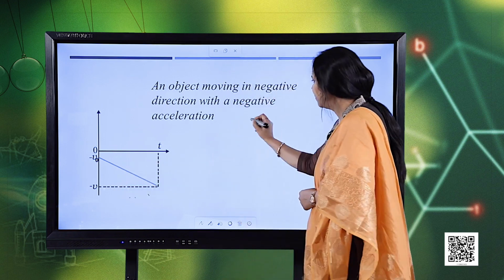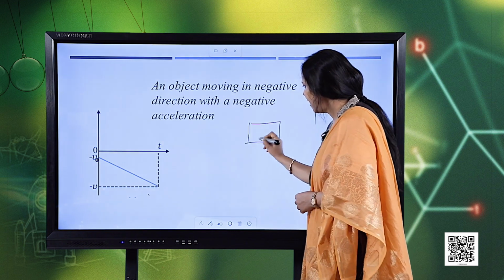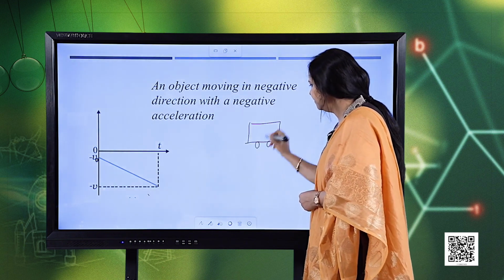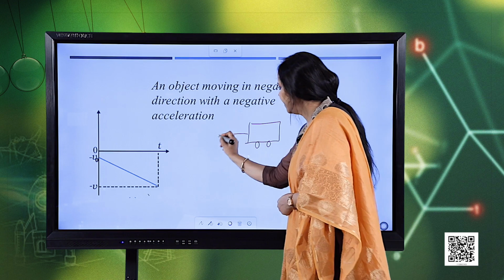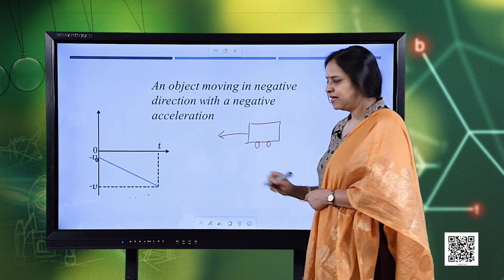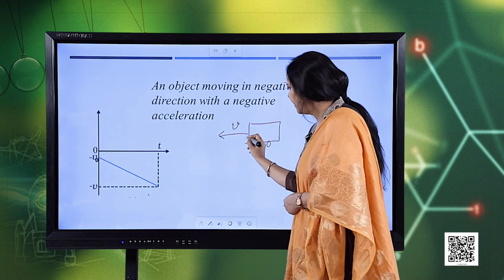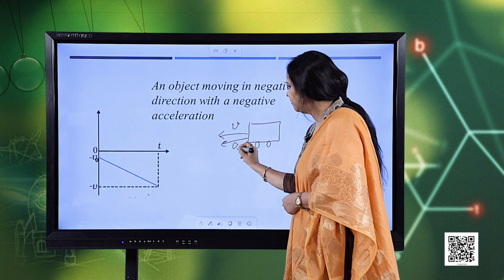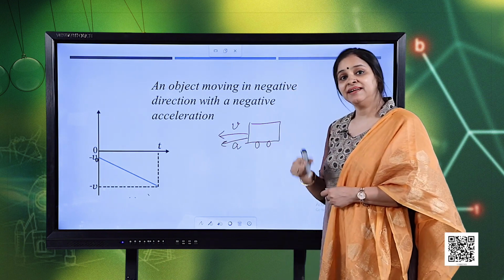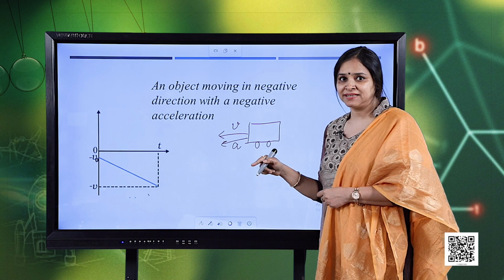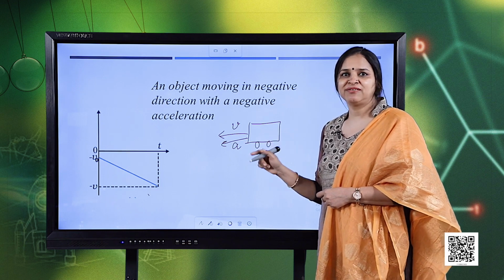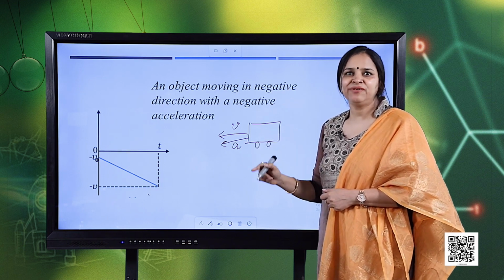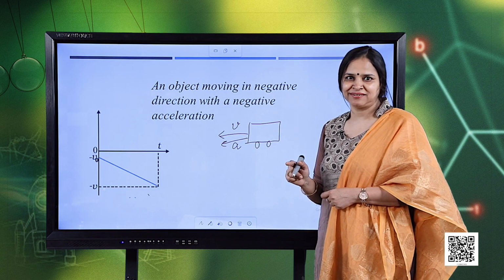Again I consider a bus which is moving in the negative direction and its acceleration is also in the same direction, that is the negative direction. But this is not the case of deceleration, even if it is a negative acceleration.